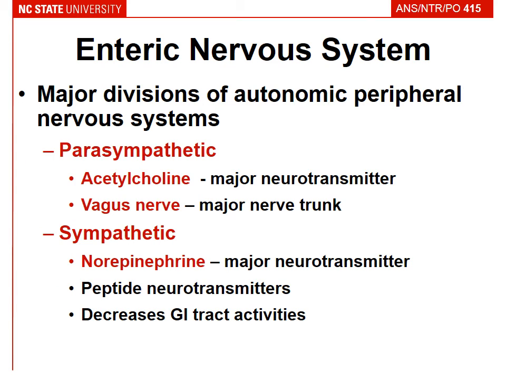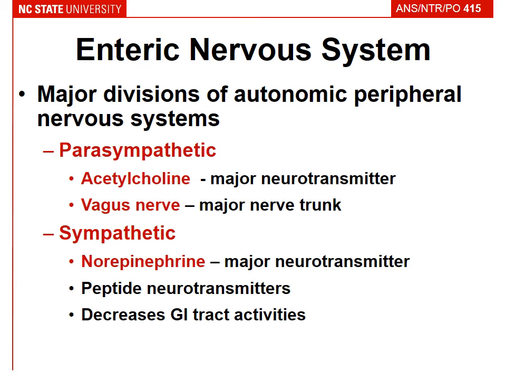We can break this nervous system up into two different categories. This is all autonomic, meaning that you have no conscious control over it. All of this occurs subconsciously. You're not able to control what your nerves are doing to your GI tract consciously.